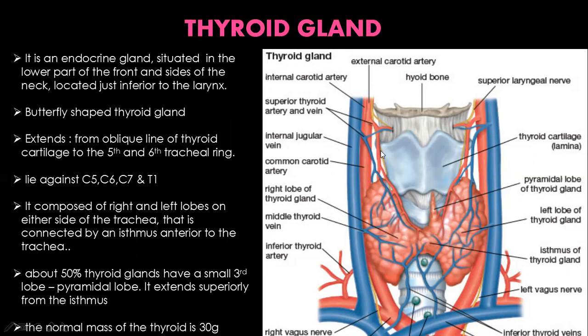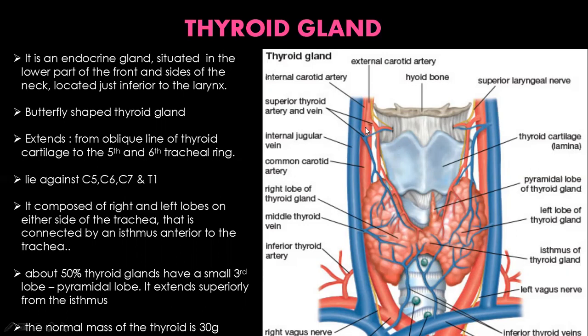This line side is the oblique line of the thyroid cartilage, to the fifth and sixth tracheal ring. Down you can see these are the tracheal rings. So it is extending from the oblique line of the thyroid cartilage to the fifth and sixth tracheal ring.